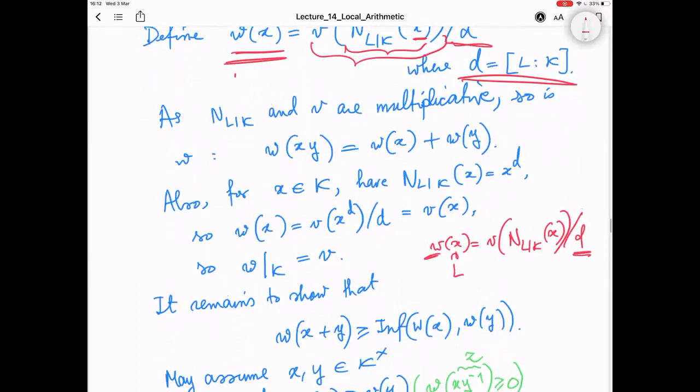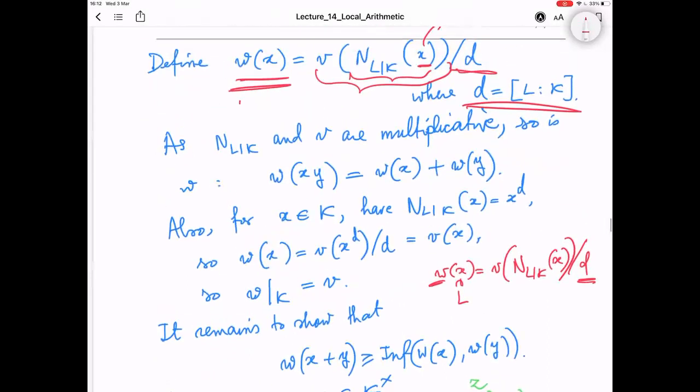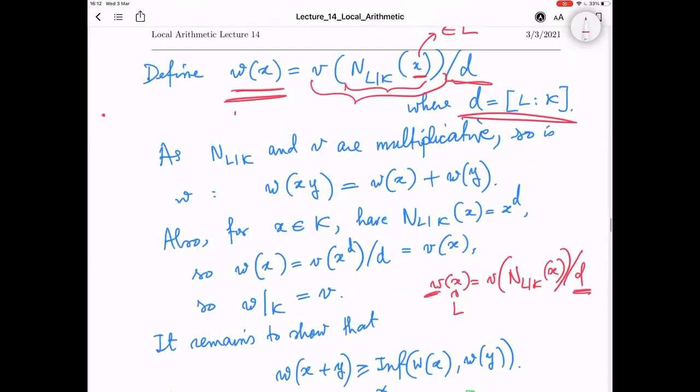That's the definition of W. So what do we have to verify? We have to verify that W is a valuation on L, and that the restriction of W to K is equal to V.